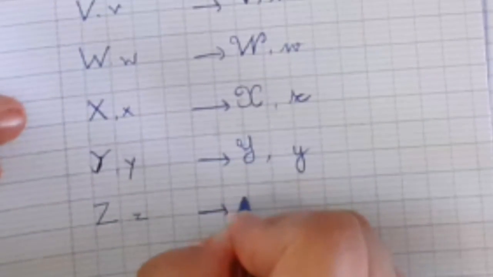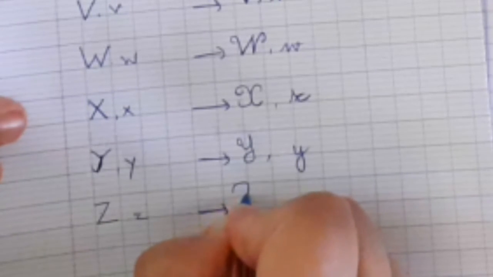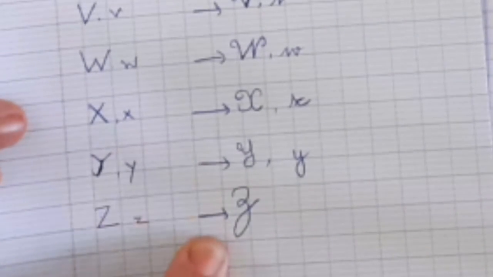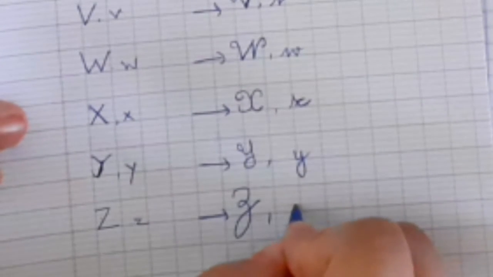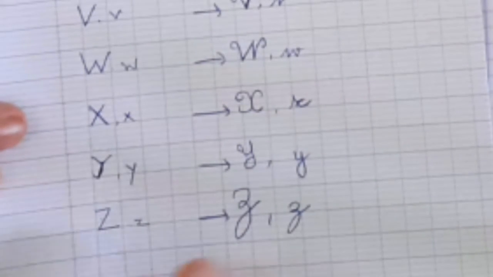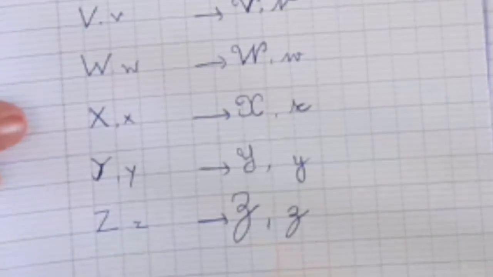Z is written like that. You see, it's big. And the small letter is like that. See? This is Z.